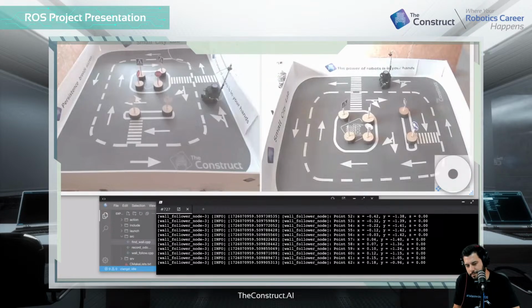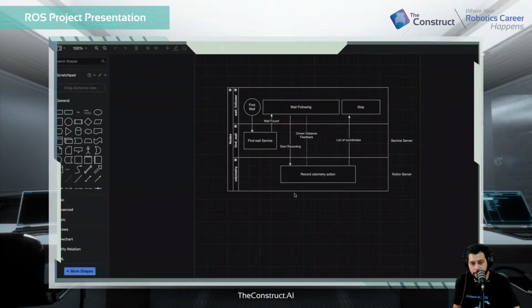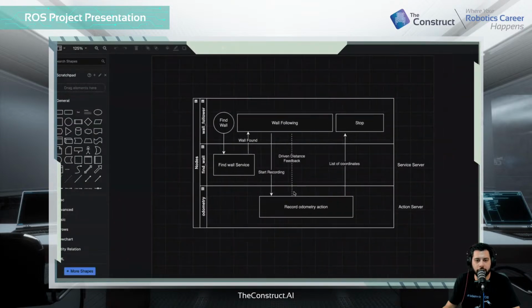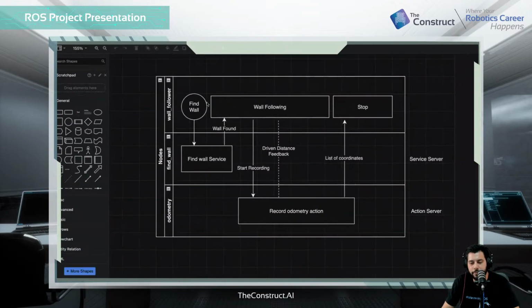Yes. So I have something here to show you. Oh, awesome. So we have three nodes: the wall follower, the find wall, and the odometry. The wall follower will ask the service server find wall to find a wall.